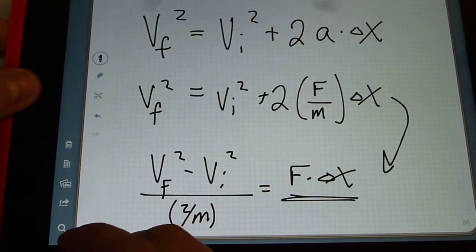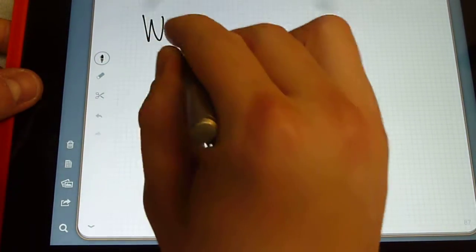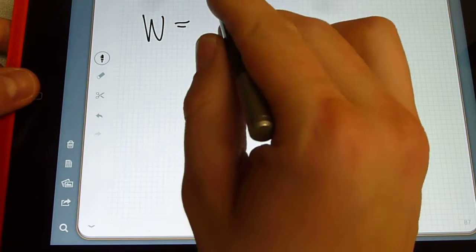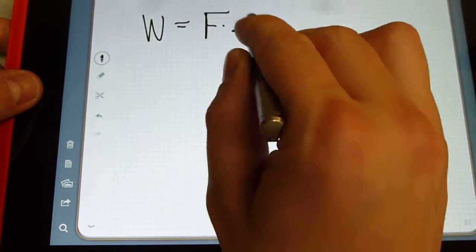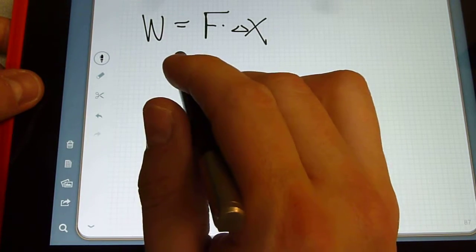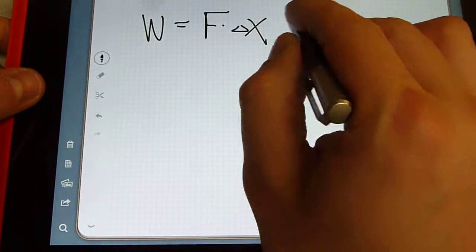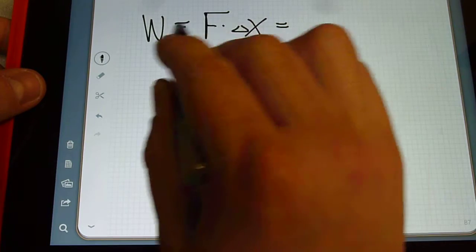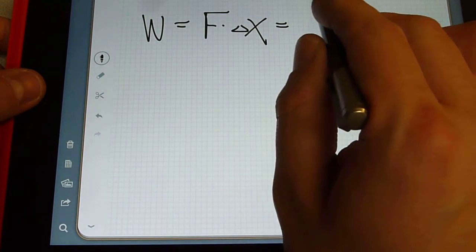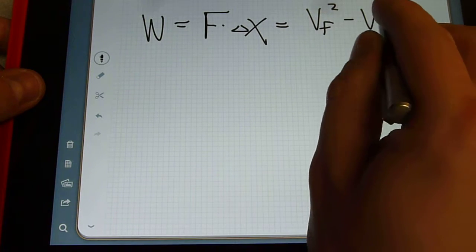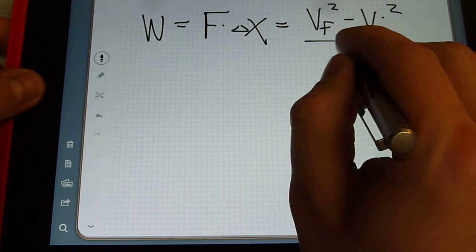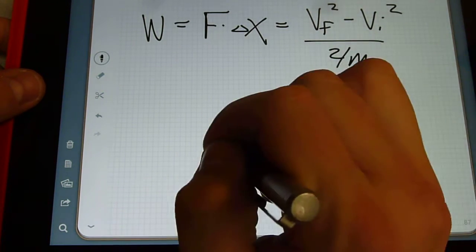So let's put those ideas together. We say, okay, my work has got to equal my total change in energy, but that's also equal to force times delta x by the definition of work, which means from that previous page, I can say that my work is equal to Vf squared minus Vi squared over 2 divided by m.